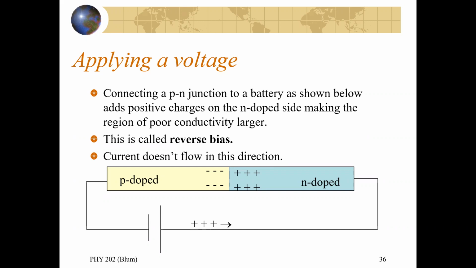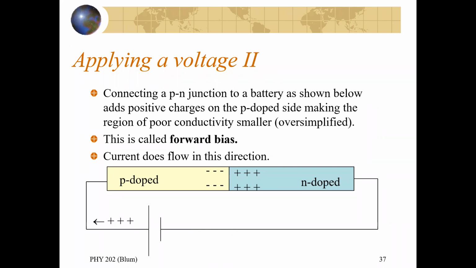There's this problem with the positive charges and the negative charges separating, and now I'm adding more positive charges to the problem. The charges do not want to flow this way. This is known as the reverse bias direction. This is like the no-go direction. It does not want to conduct in this direction.